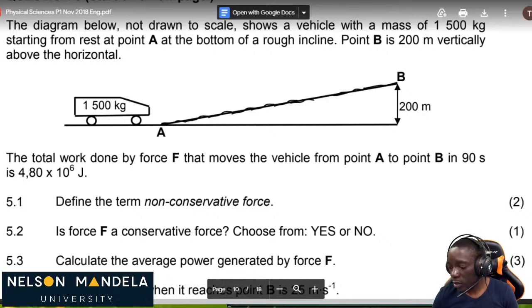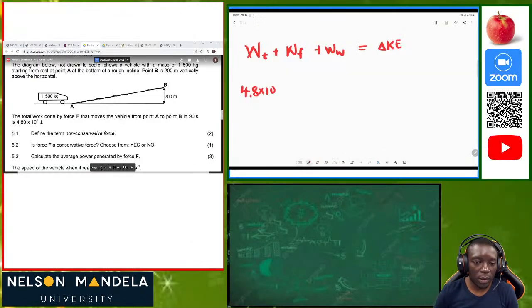So this is the equation: total work done, WT, 4.8 times 10 to the 6, plus the work done by friction and the work done against the weight in lifting it, will be equal to the change in kinetic energy.